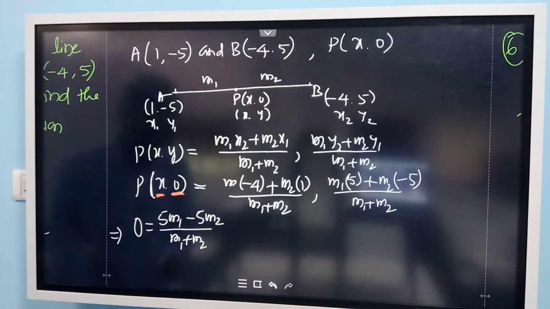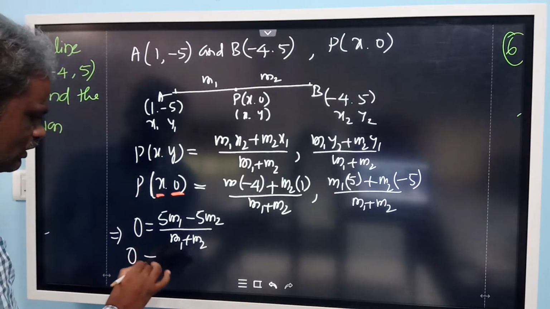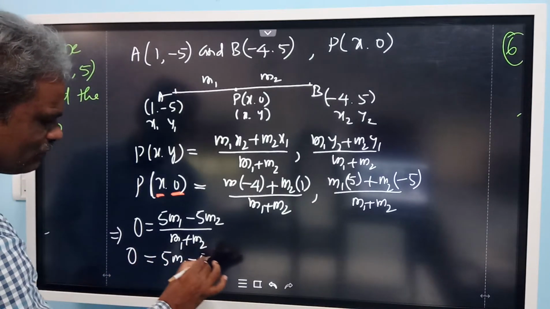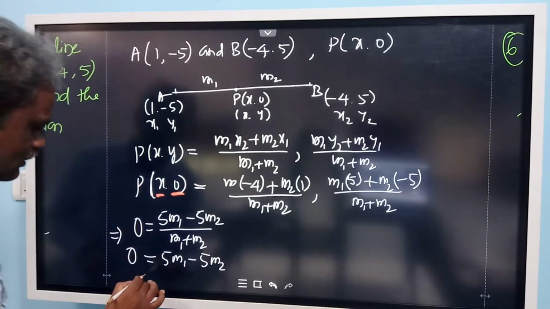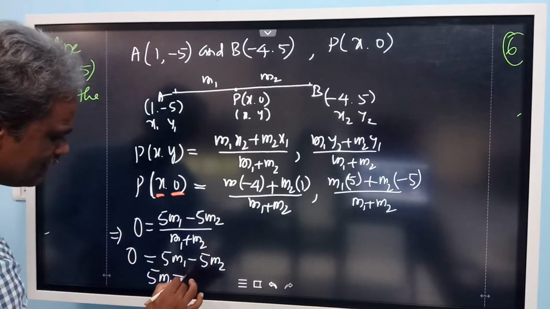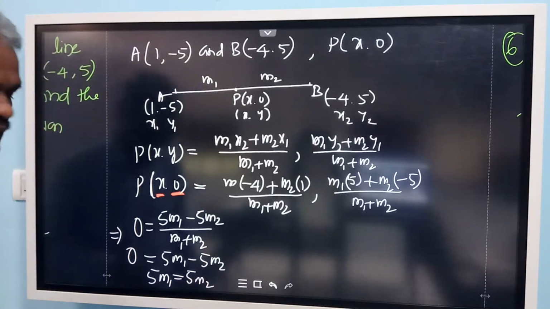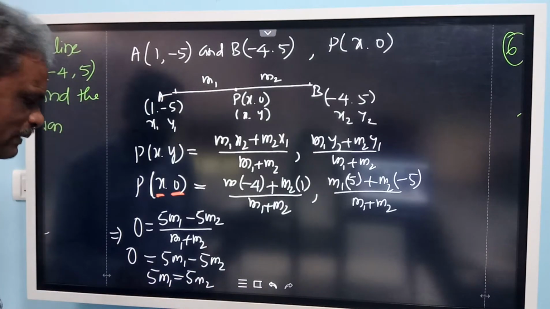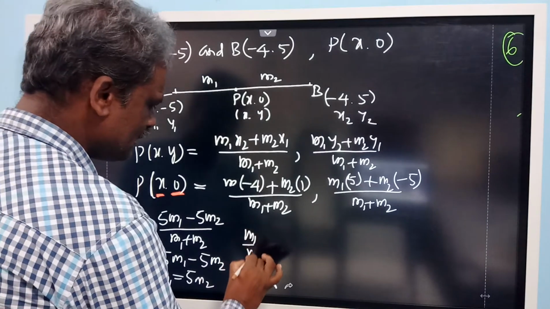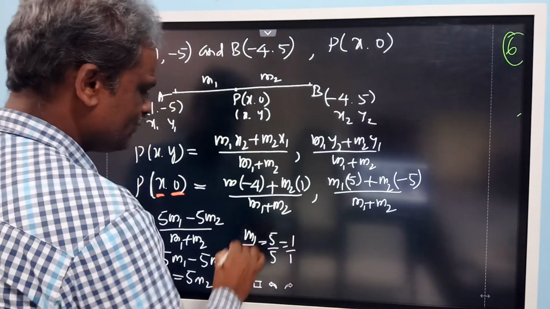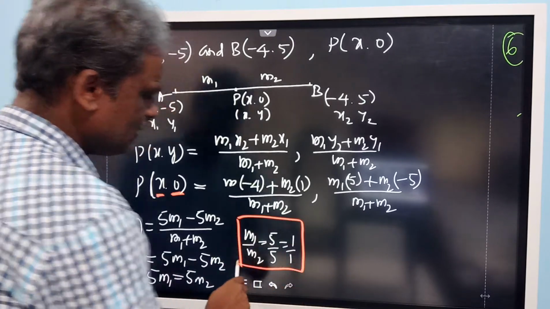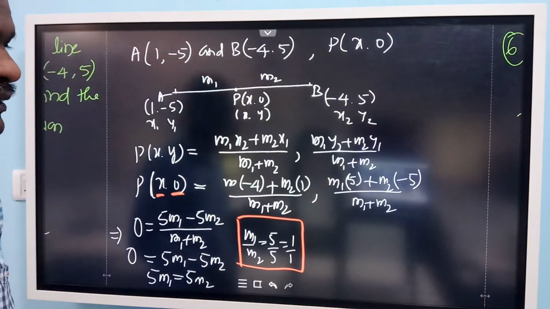Transferring the denominator to the left side, 0 times (m1 plus m2) is 0 only, which implies 5m1 is equal to 5m2. That means m1 by m2 is 5 by 5, which is 1:1. So you got the ratio now: m1 is 1 and m2 is 1.